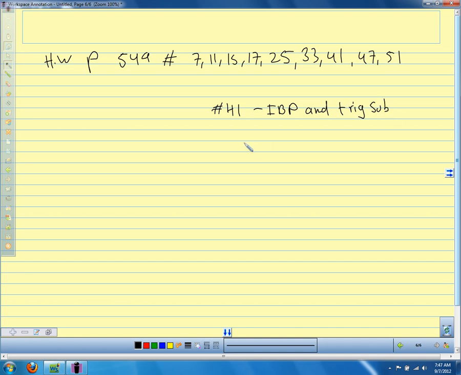And for number 51, in the problem, you end up having to integrate secant cubed theta d theta. That is integration by parts. So those are your hints on those problems.